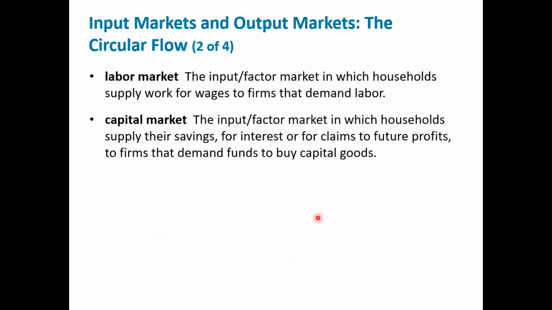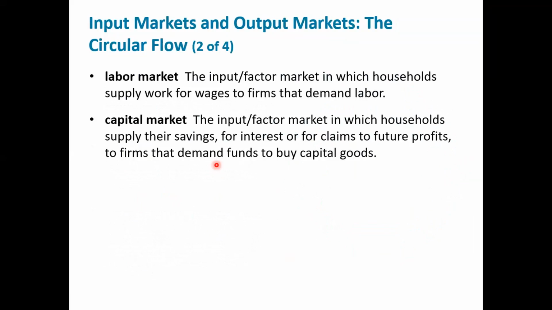Now, in input markets, you have the labor market. This is where you go to get a job. Now, capital markets, there's a little sleight of hand here. Generally speaking, when we talk about the capital markets, we're talking about the stock and long-term bond markets.